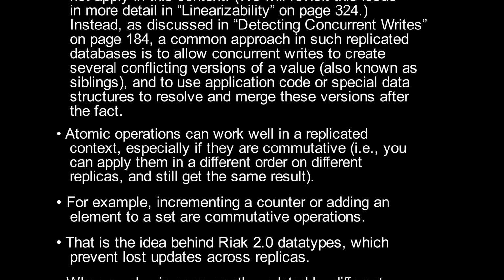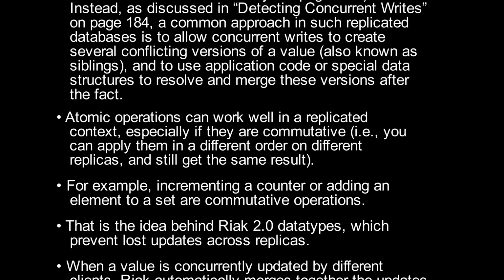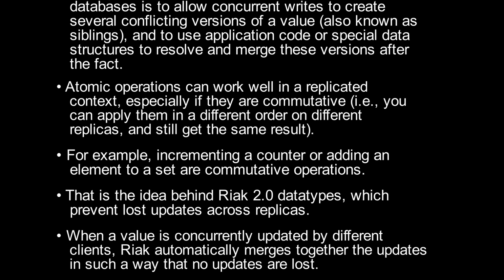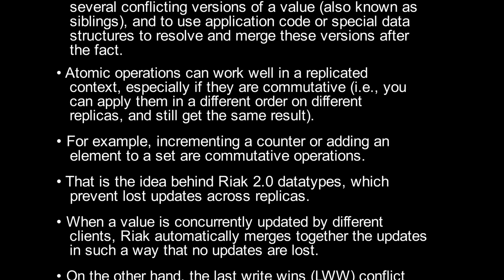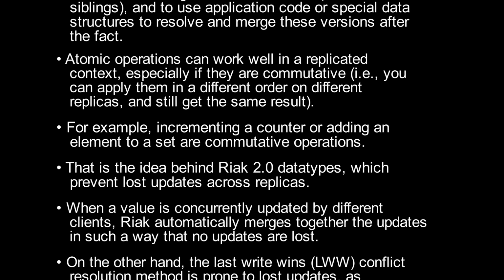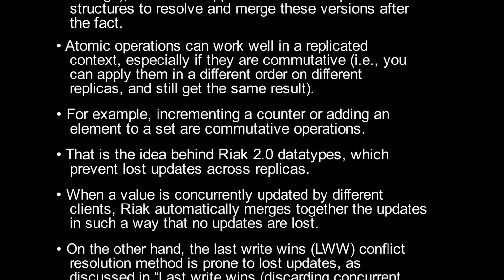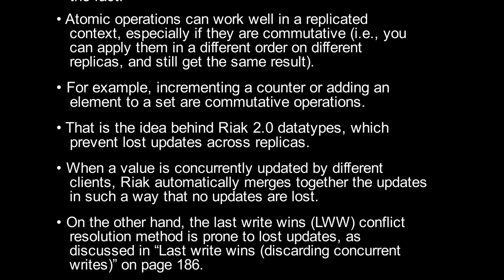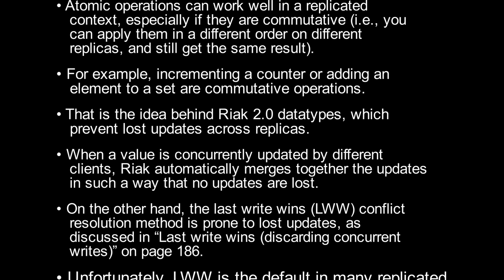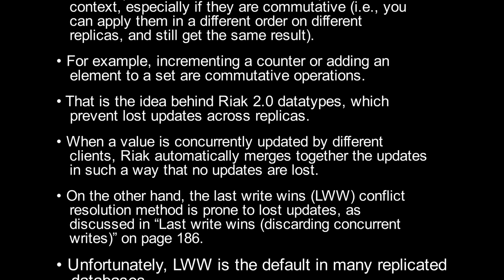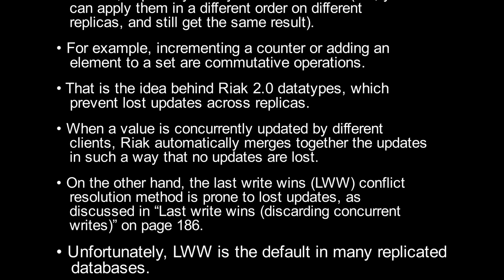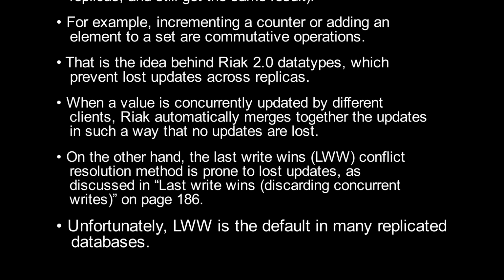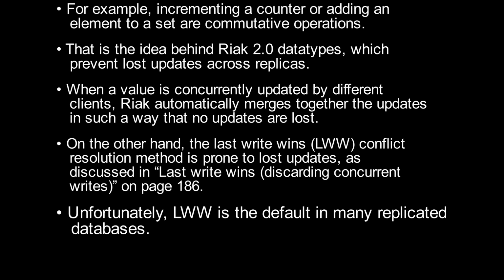For example, incrementing a counter or adding an element to a set are commutative operations. That is the idea behind Riak 2.0 data types, which prevent lost updates across replicas. When a value is concurrently updated by different clients, Riak automatically merges together the updates in such a way that no updates are lost. On the other hand, the last write wins (LWW) conflict resolution method is prone to lost updates, as discussed in last write wins: discarding concurrent writes on page 186.